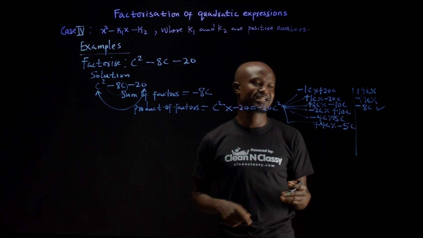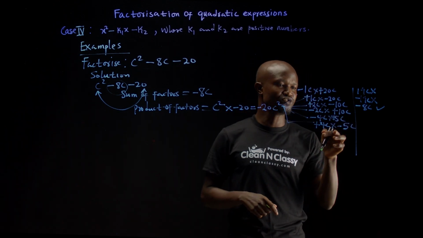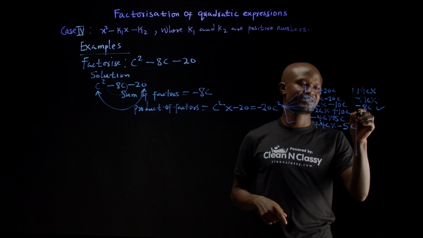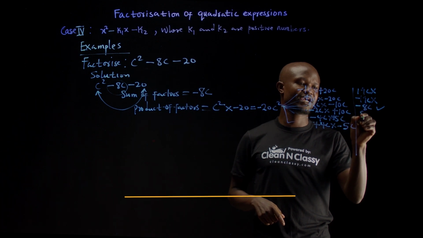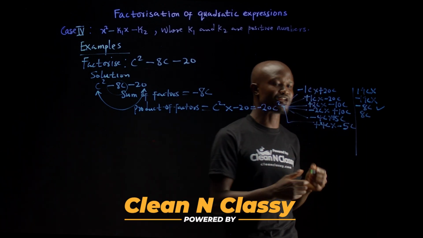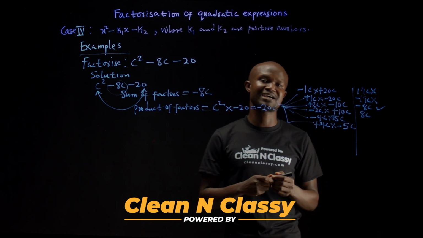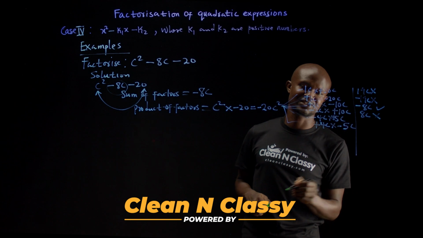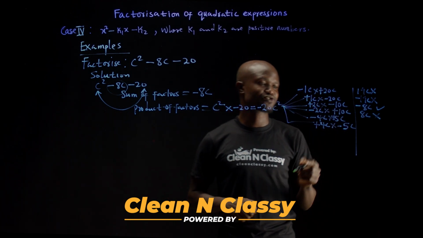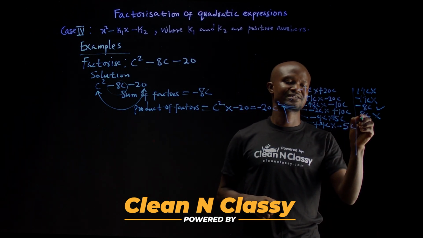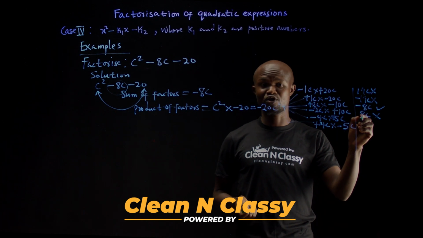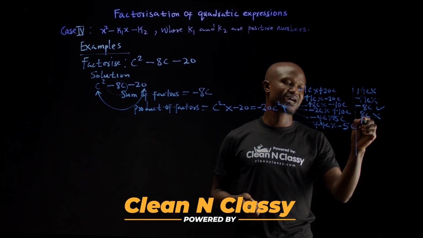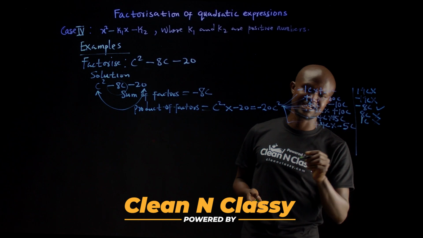Let's check the others also. Minus 2 plus 10, we have this to be 8c, because minus 2 plus 10 is the same thing as 10 minus 2. So this one does not satisfy it. Minus 4 plus 5, that is 5 minus 4, so that is 1c. Does not satisfy it.